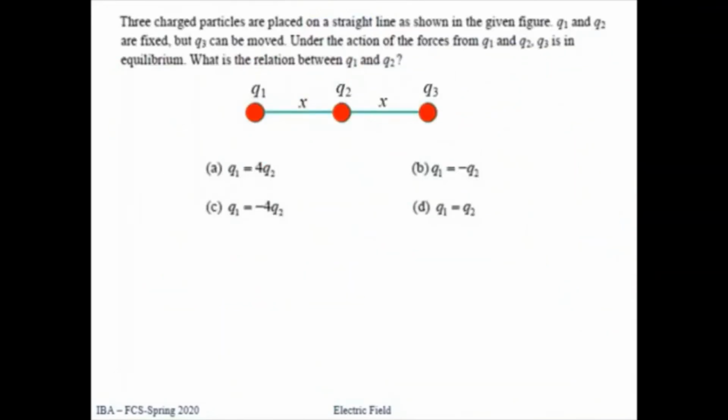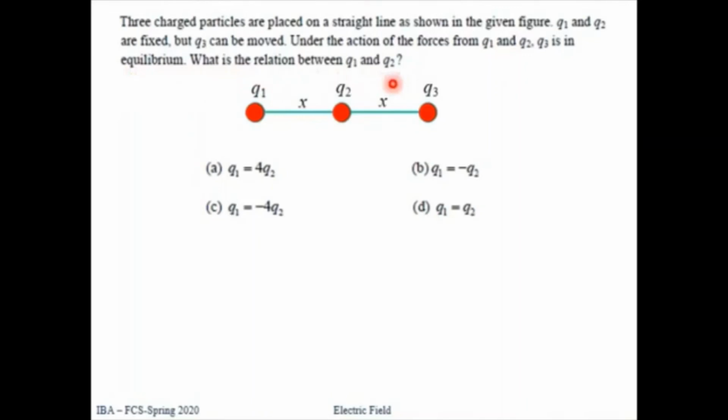Another quiz. Three charged particles are placed on a straight line as shown in the figure. Q1 and Q2 are fixed, but Q3 can move either left or right. Under the action of the forces from Q1 and Q2, Q3 is in equilibrium. What is the relation between Q1 and Q2?